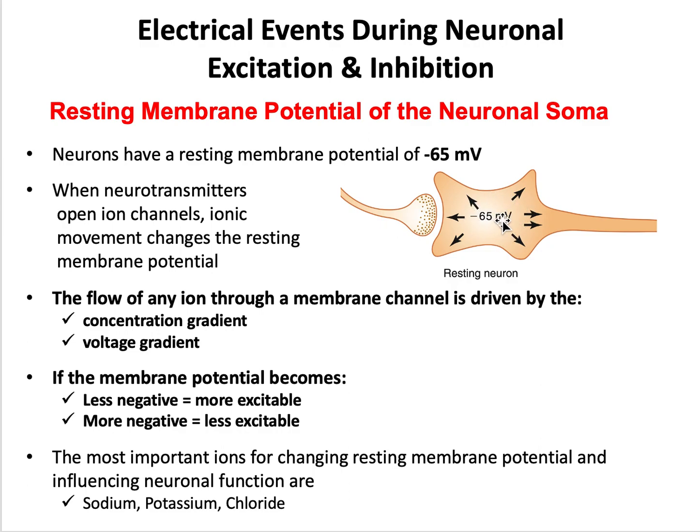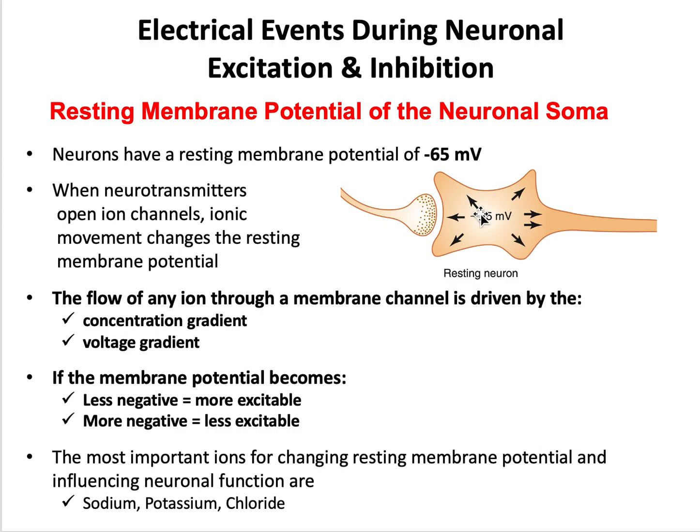And when ion channels open, it's going to allow the movement of ions either into or out of the cell. And the movement of those ions will be determined by the concentration gradient of the ion, as well as the voltage gradient present. And if the movement of ions causes the resting membrane potential to become less negative or more positive, so moving in a positive direction, that is called depolarization, and it means that the cell becomes more excitable.